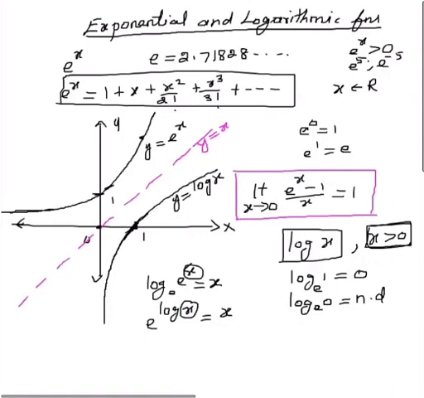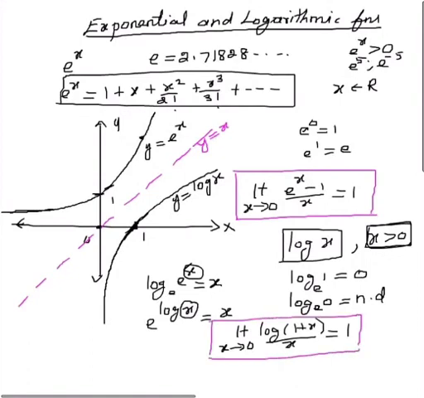Now the limit formula for the logarithmic function is: limit x tending to 0 of log of 1 plus x divided by x is 1. Again, we need not learn the proof of this. We have a series for logarithm also.